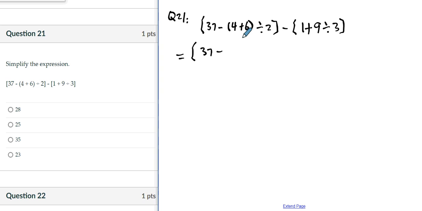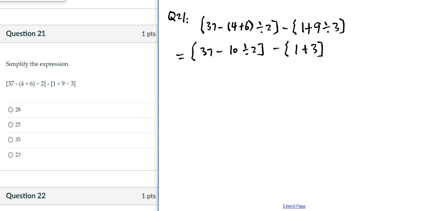that will give us 10. That's easy. And then divided by 2. And here, subtract. We have an addition and the division, so we need to do division first. 9 divided by 3 is 3.